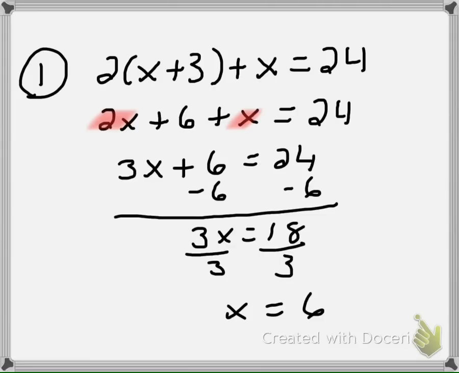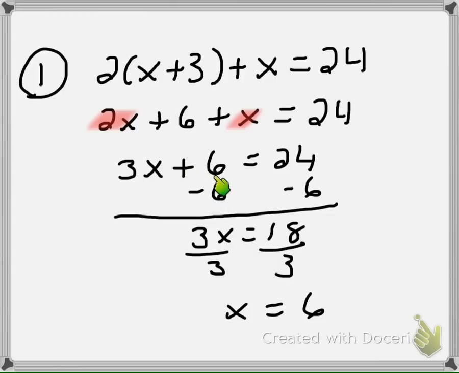I now have the equation 3x plus 6 equals 24. The 3x came from the combining of like terms. So now I have to get rid of addition and subtraction first. So this equation has the variable x, and it's got 6 added to it. The best way to get rid of positive 6 is to subtract 6.